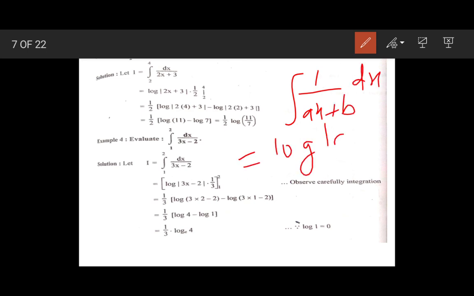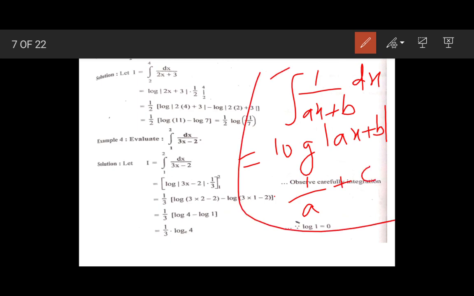Next is: integrate from 2 to 4 dx upon 2x plus 3. The integral of 1 upon ax plus b dx is equal to log of ax plus b into 1 upon a plus c, in an indefinite integral.